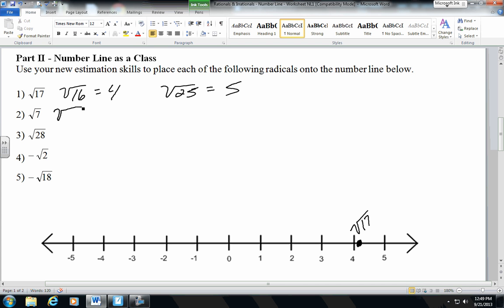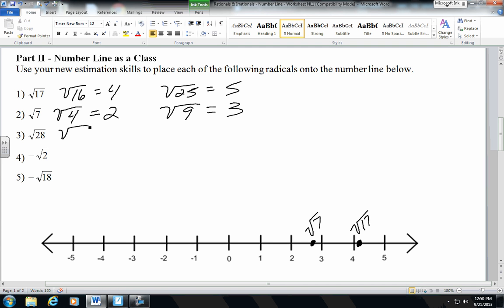Square root of 4 equals 2, and the square root of 9 equals 3. So we know that the square root of 7 is in between 2 and 3. And it's closer to 3 because 7 is closer to 9. So we go down to the number line and closer to the 3. We put a dot and we write square root of 7.